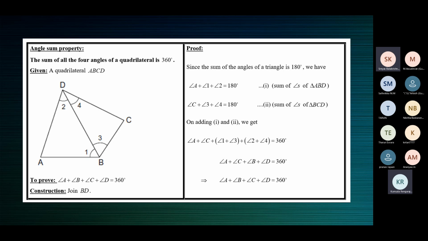Rectangle, square. One more. Rhombus. Yes, thank you, Shreyas. Trapezium, kite, parallelogram, rhombus, rectangle, and square.